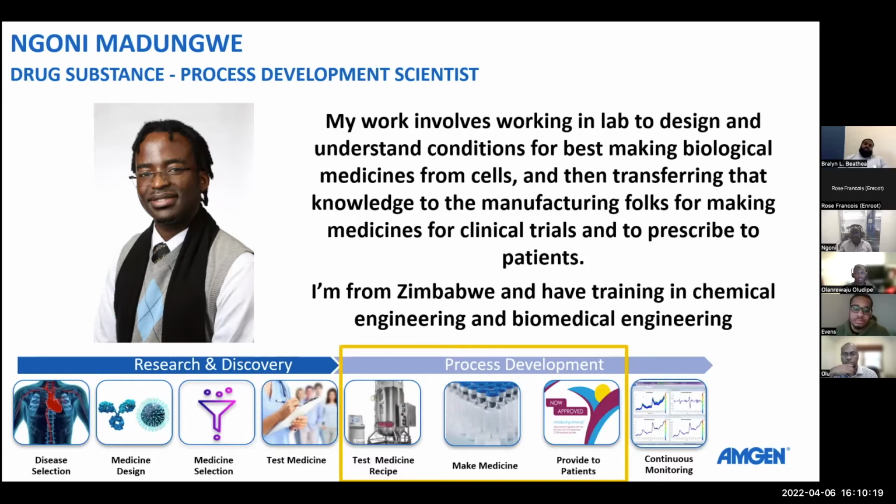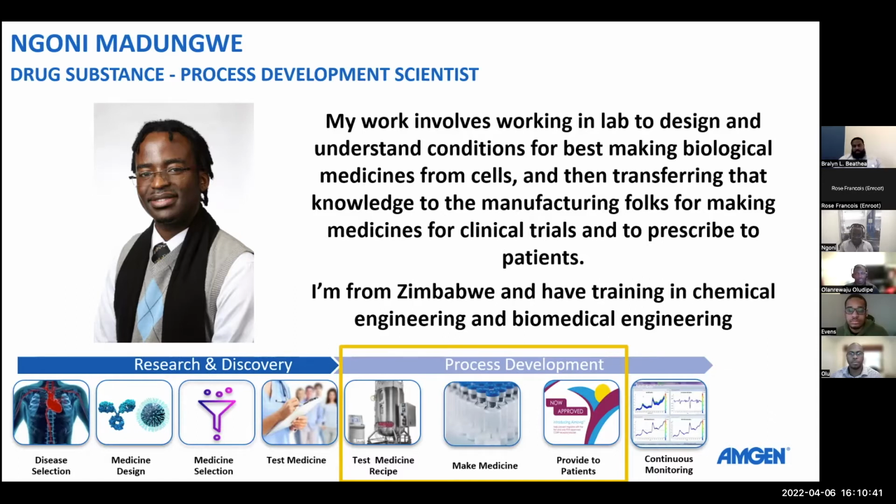And so I work on understanding the manufacturing processes and conditions that we would need to implement on these medicines to get them to the large scale and clinical trial stage. Usually I work on the upstream process, cell culture.